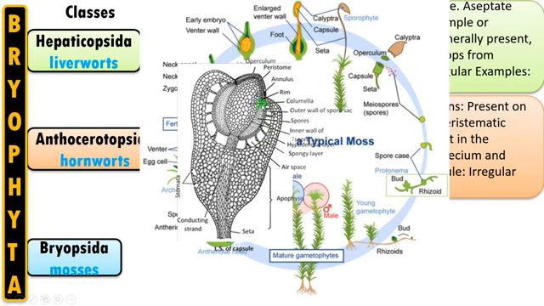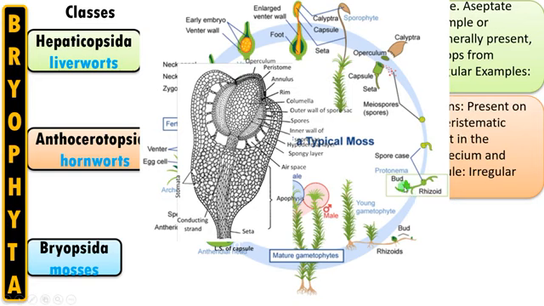Then there is columella. The sterile tissue is called columella. Then spores are formed inside this structure from sporogenous tissue. So a well-developed capsule is there in the case of Bryopsida or mosses, with an efficient mechanism that helps in efficient dispersal of spores. Spores falling on a suitable substratum first develop into protonema.